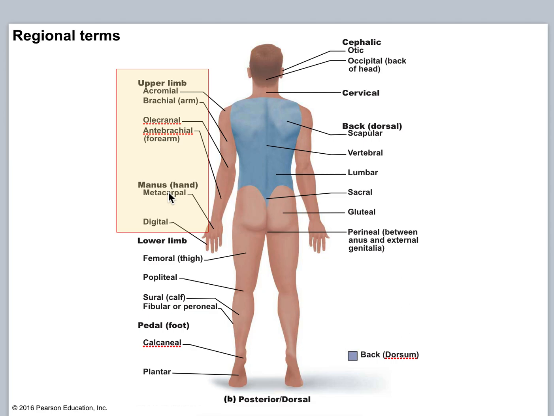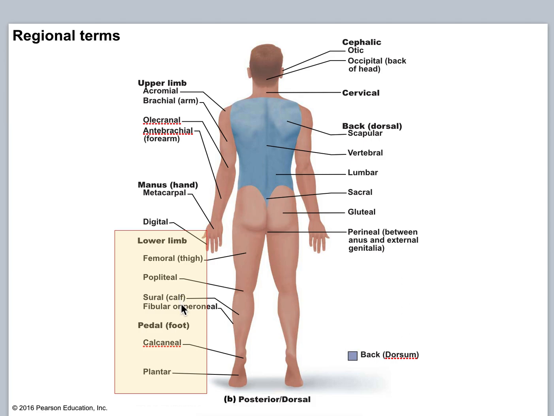Manus has to do with the hand. Metacarpal are the hand bones. So the metacarpal region is the region of the hand. Digital refers to the fingers. In the lower limb, there's the femoral region, which is the thigh. The popliteal region is the back of the knee. The sural region is the calf.